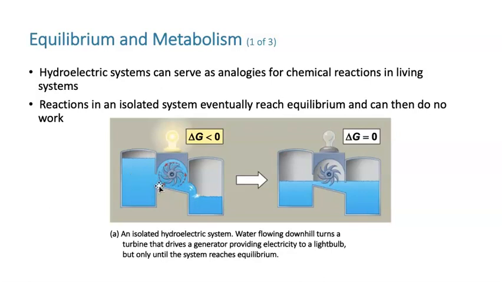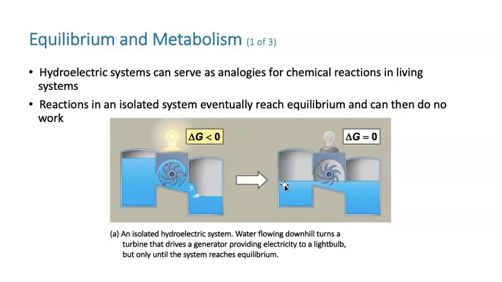The reason this is turning is because water is being forced down this hill and it's turning the wheel in this direction. That wheel turning is creating electricity to power a light source. So just by having it go downhill, like an exergonic reaction, it's allowed to turn that turbine and generate electricity.